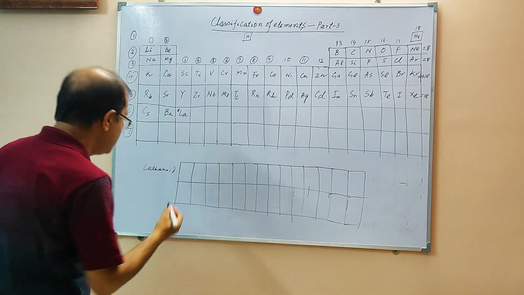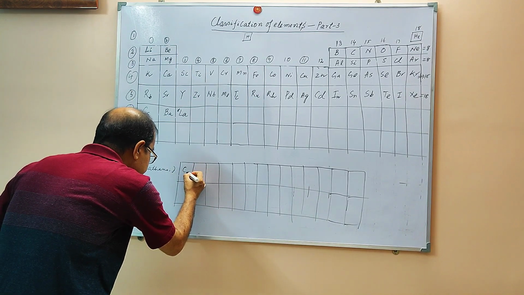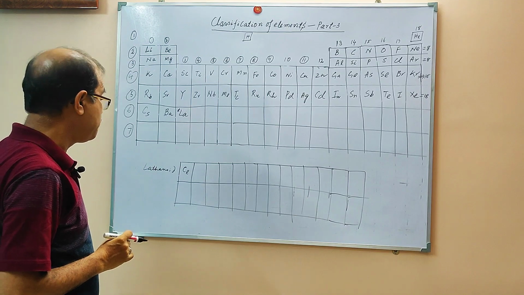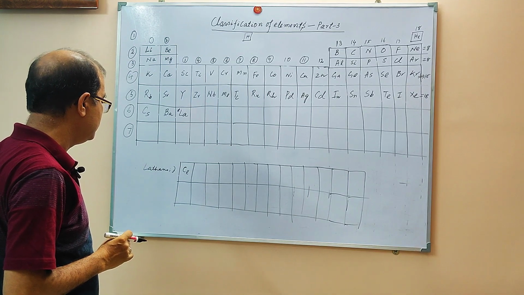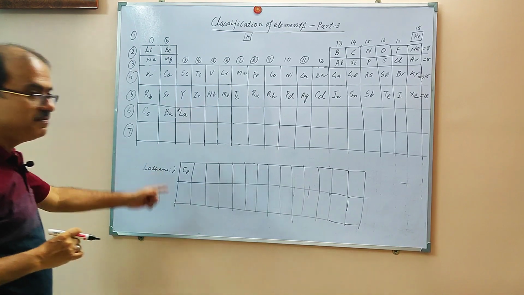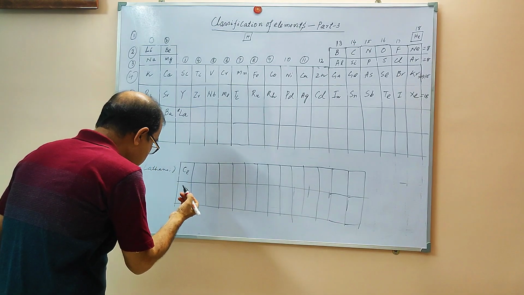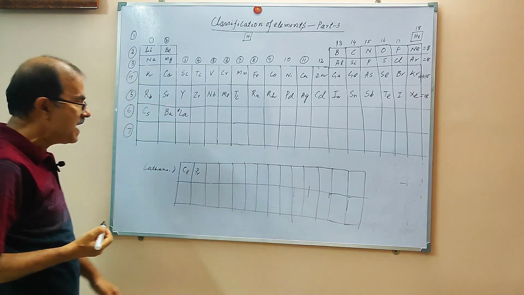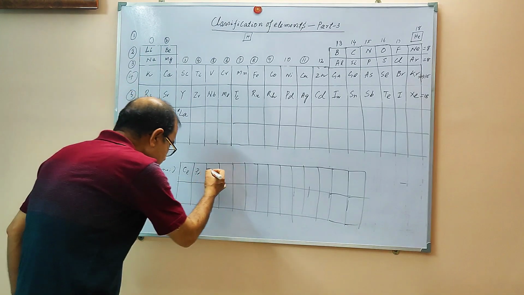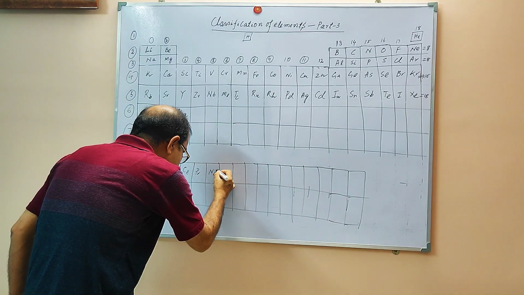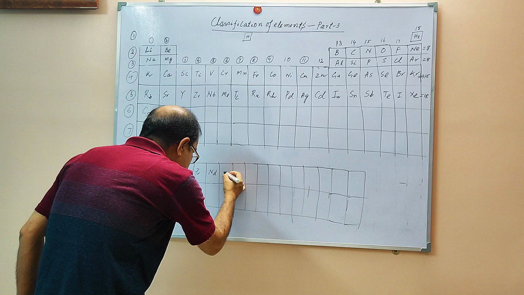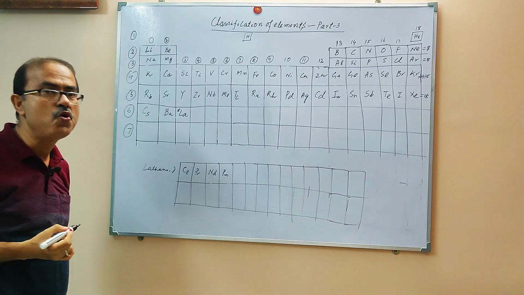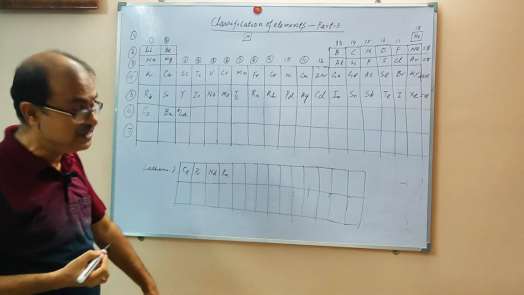Lanthanoid, and the first element of the lanthanoid series is cerium, then Pr, praseodymium, then Nd, neodymium, then Pm, promethium.